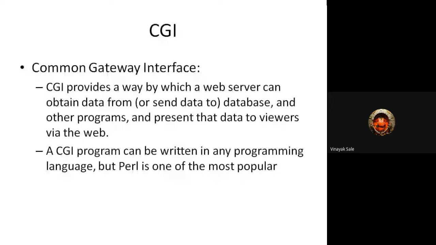CGI, that is Common Gateway Interface, which provides a way by which a web server can obtain data from database or send to database and other programs and present that data to viewers via the web. A CGI program can be written in any programming language, but Perl is one of the most popular languages.